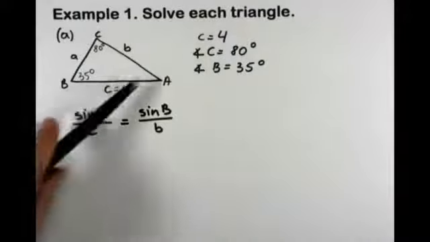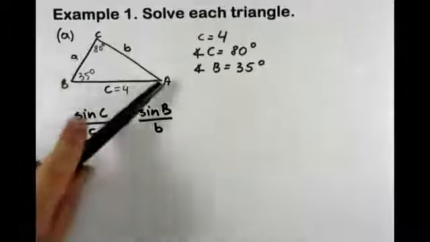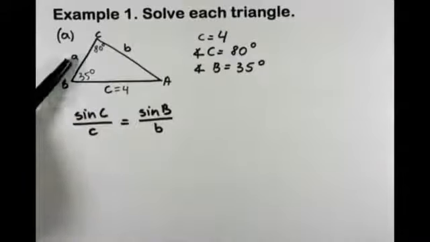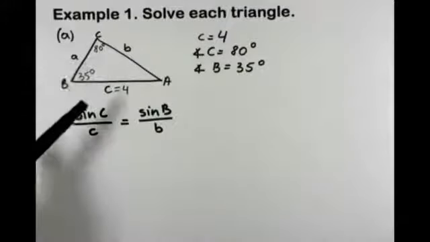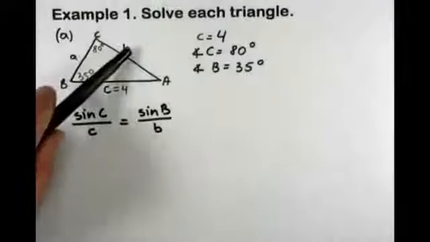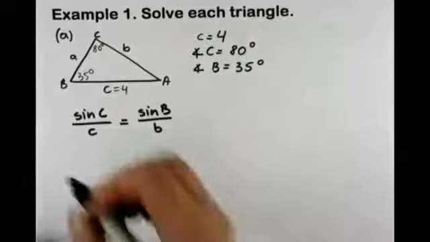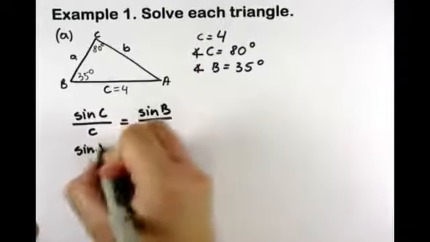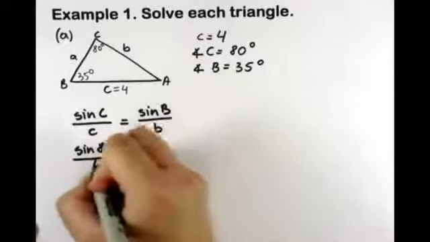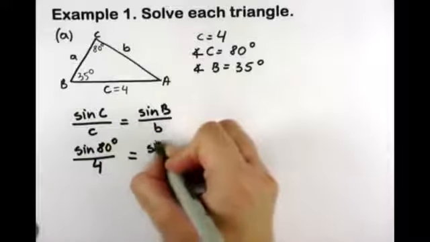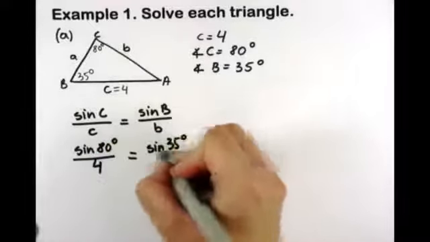If we used sine A over A, we don't know the angle A, and we don't know the side A. So first we use this one, since we have only one unknown. Now I can substitute: sine 80 degrees over 4 is equal to sine 35 degrees over B.